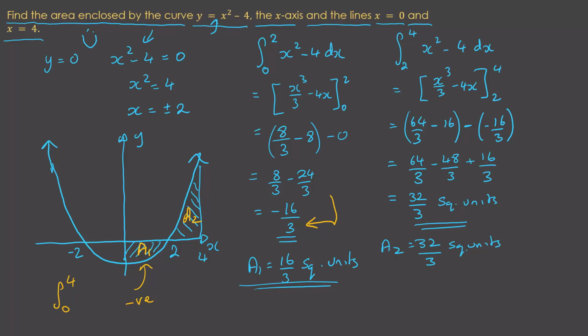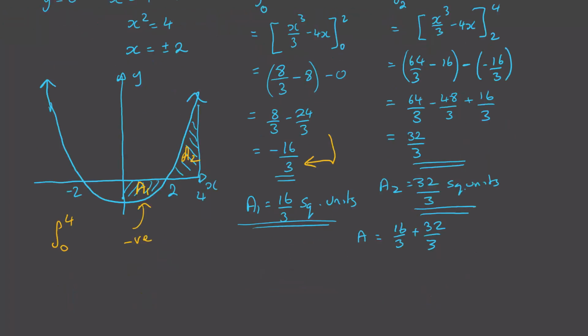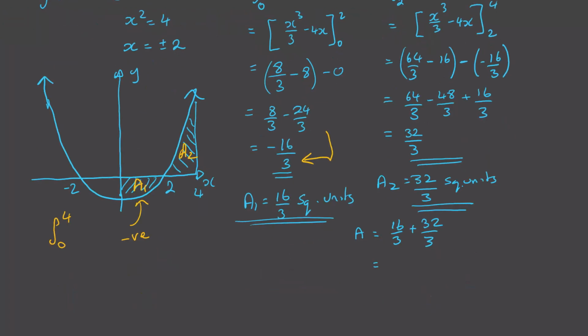Probably should have introduced the square units there rather than on the line above. And so my area is going to be 16 over 3 plus 32 over 3, which is 48 over 3, which is 16 square units.